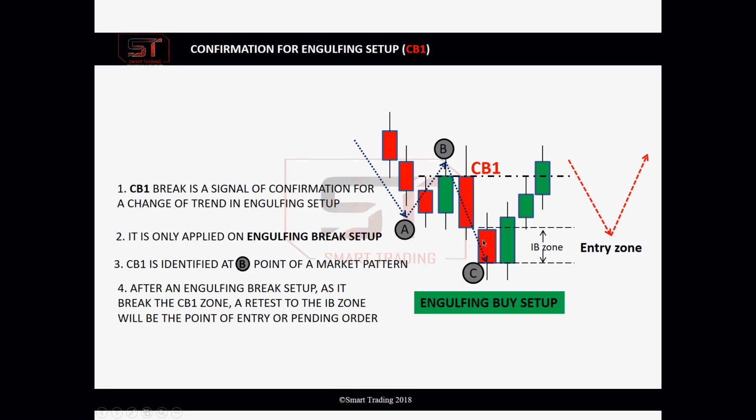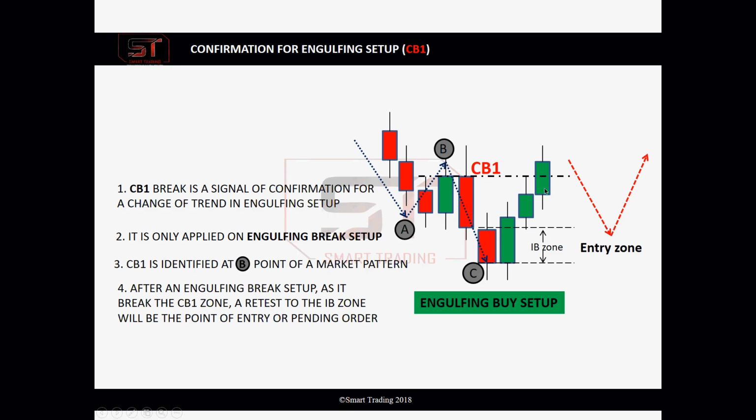All right. So when the market went down, it created the buy engulfing. All right, the bullish engulfing setup. So over here in this example, this is 1v1 engulfing setup. So the most important thing for engulfing setup is that we need to make sure that the CB1, the point of resistance beforehand, was broken by the buy candle at a later stage.